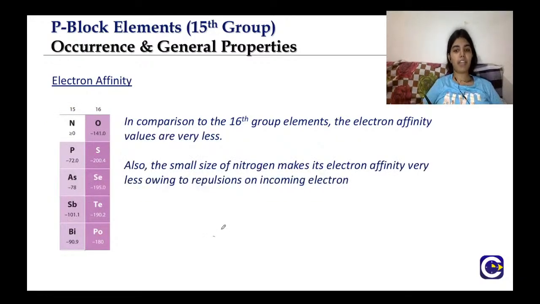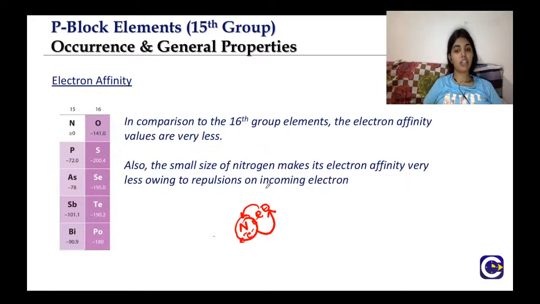Comparing the electron affinity, the small size of nitrogen makes its electron affinity very less owing to repulsions on incoming electrons. What is happening here is, if you add an electron to a particularly small atom, although it is electronegative and likes to gain an electron, the other electrons show electron-electron repulsion towards the incoming electron because of the small size.